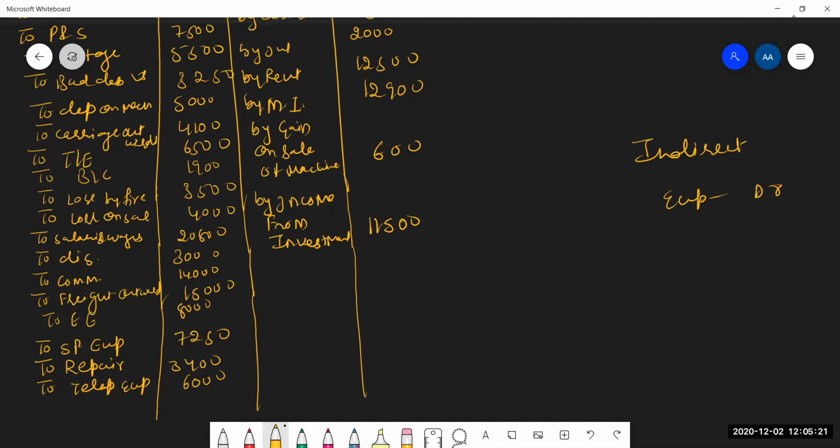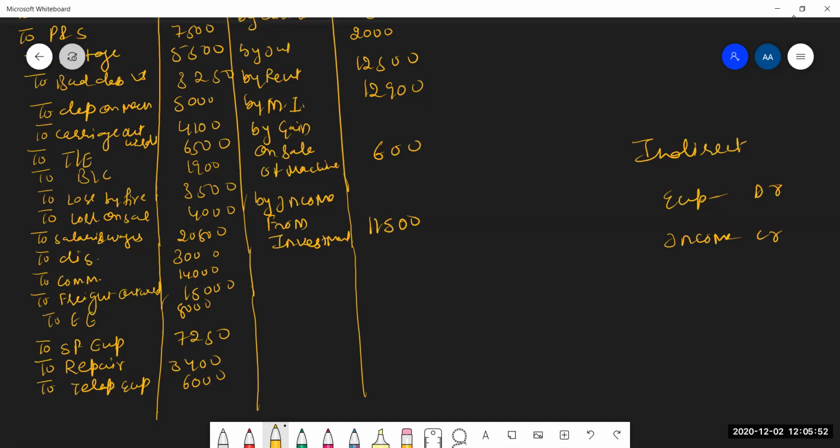So in this chapter, you have to just do the placement, and you must know the difference between direct expense and indirect expense. Why? Because direct expenses will be coming only in the trading account, and indirect expenses will be coming only in the profit and loss account. We cannot write any direct expense in the profit and loss account.